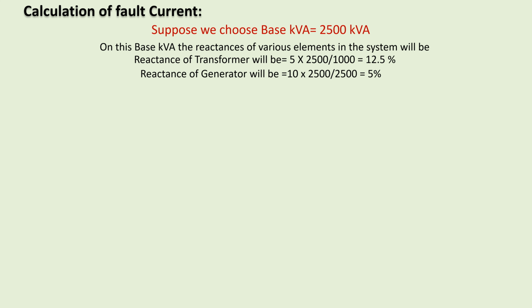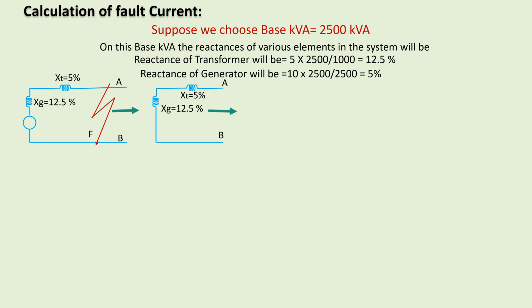Reactance of generator will be equal to 10 into 2500 divided by 2500 is equal to 5%. XAB, the reactance between the ends A and B, is equal to 5 plus 10 is equal to 15%.